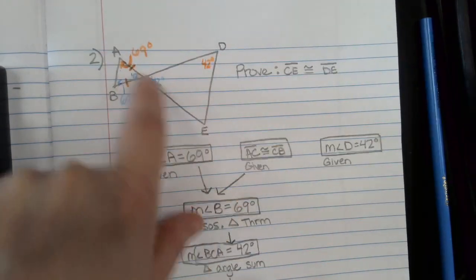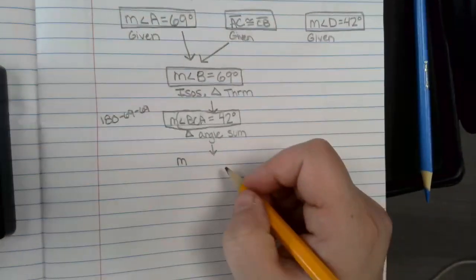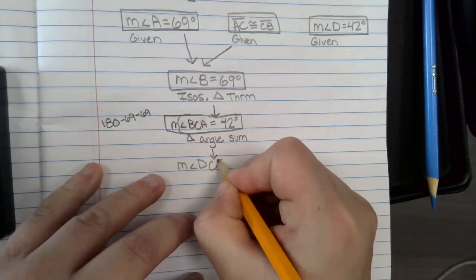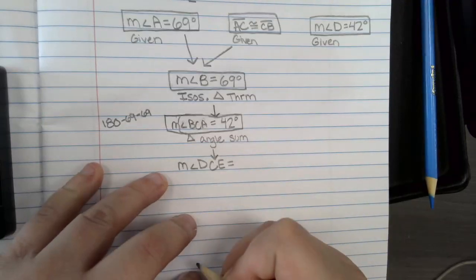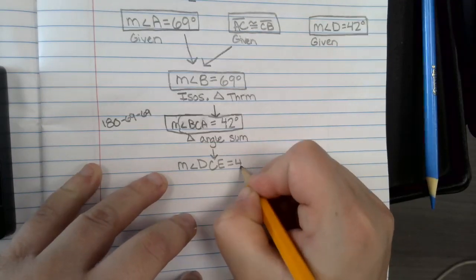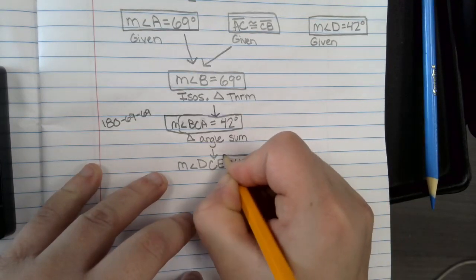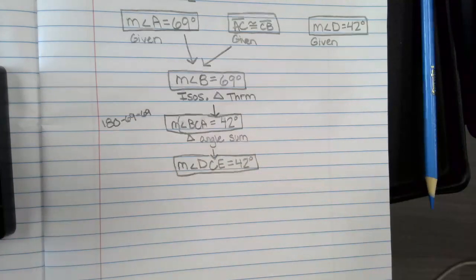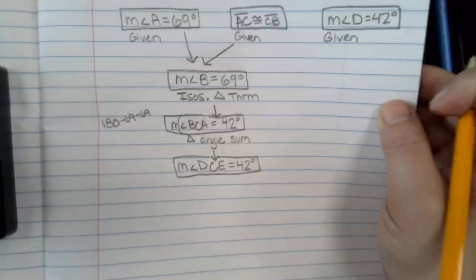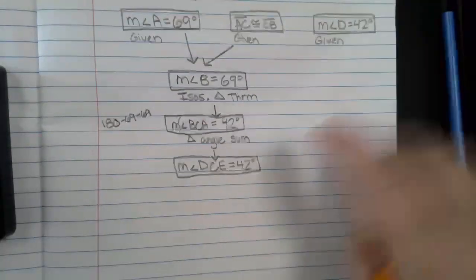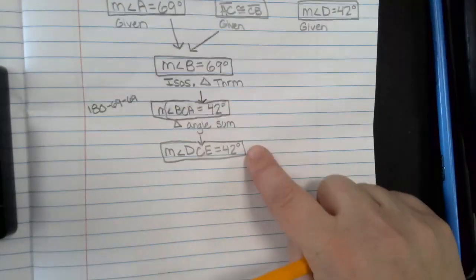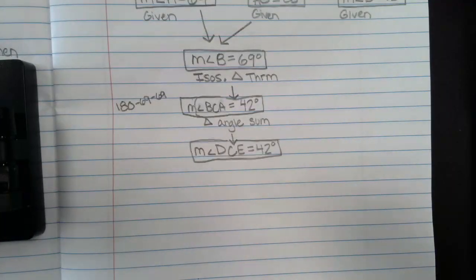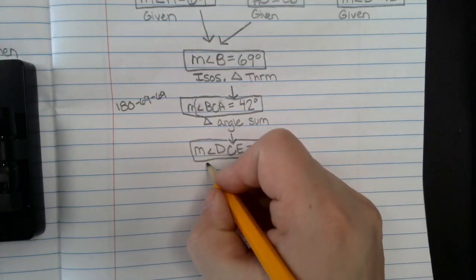Good. Let's do DCE. So measure of angle DCE. Well, this is going to take up like a whole page. DCE is 42 degrees. And we knew that because from this last one was 42, we know this is 42. Because what type of angles were created? Vertical angles.